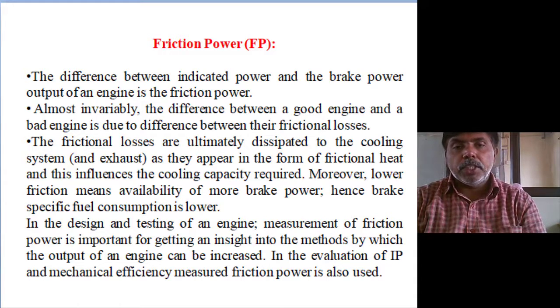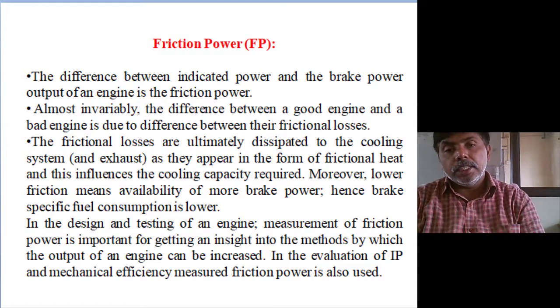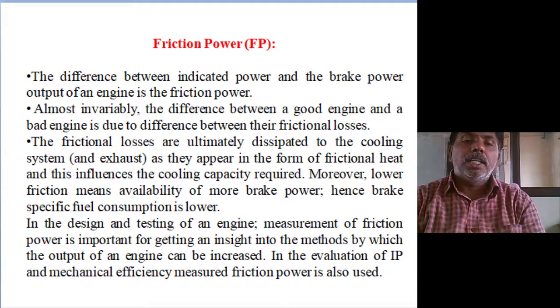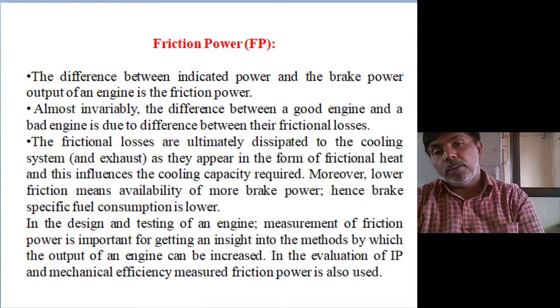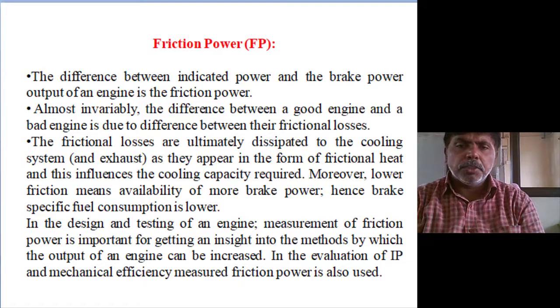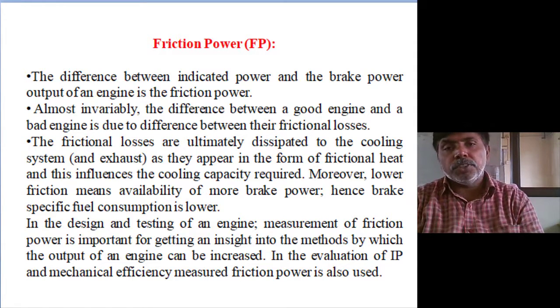At the manufacturing level, whatever friction power they give, the friction between the cylinder liner and rings, and the inertia of the weight of the moving parts, these are all fixed values, almost the same. So friction power is fixed at design level.